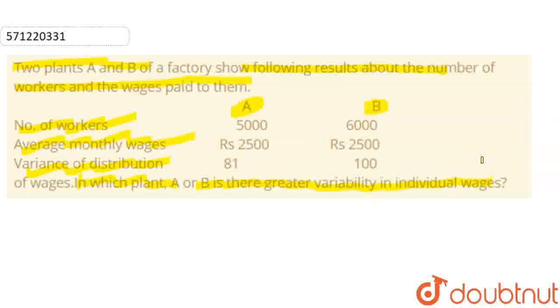So we know that the plant with the greater variance will have the greater variability. So here, to compare the variation, we have to calculate the coefficient of variation, right?